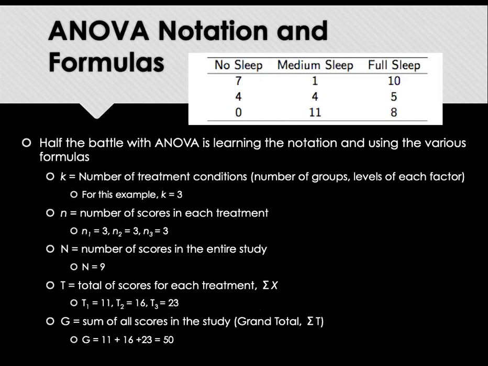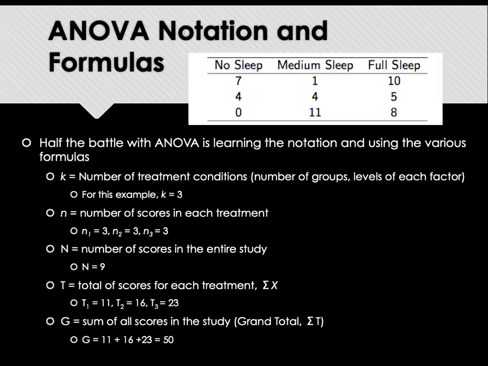Now, G, big G, is the sum of all scores in the study. That kind of goes with big N, right? How many scores are in the entire study? G is the sum of all the scores in the entire study. So adding up the actual scores. Not how many scores, but what are the scores, adding them all up.